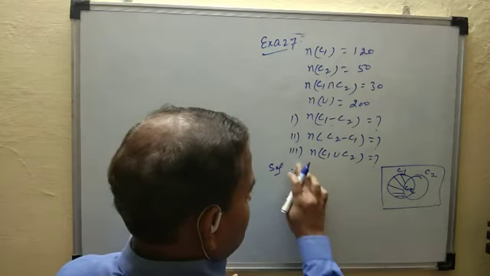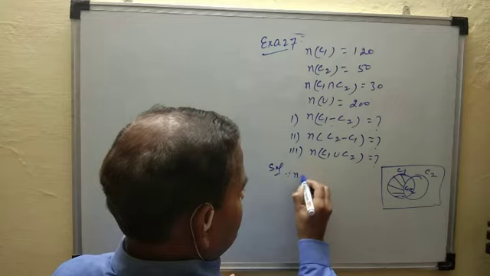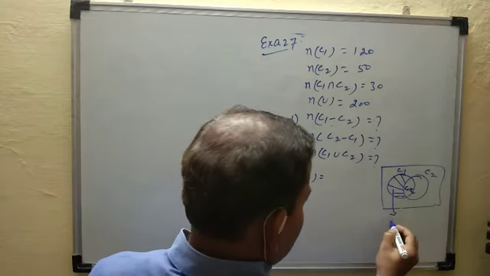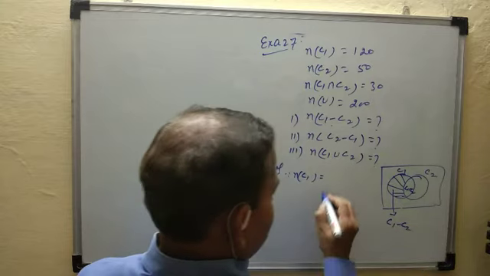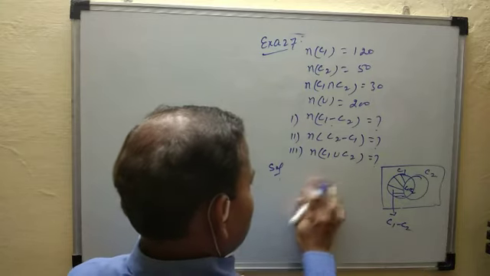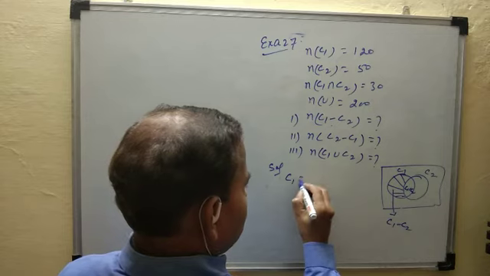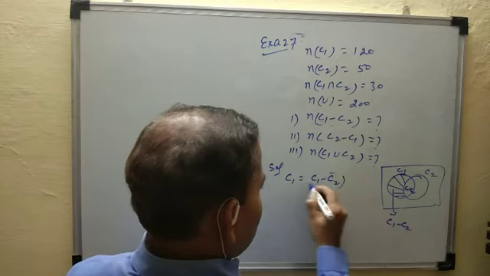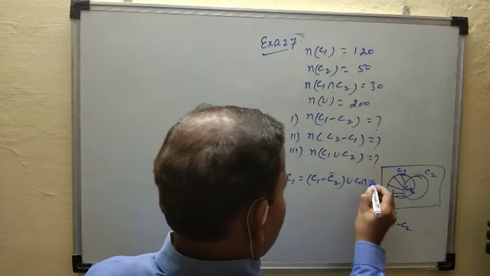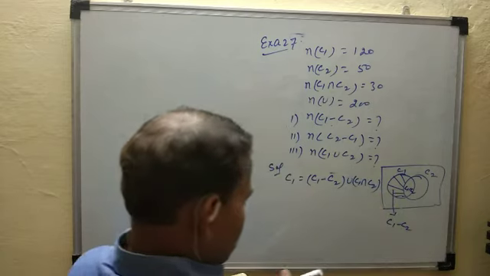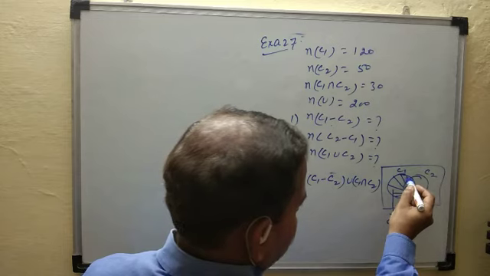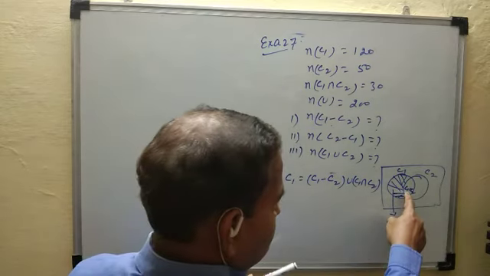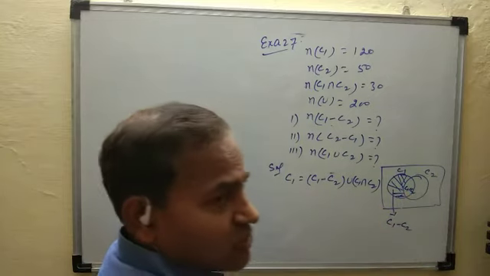So since the set C1 can be written as C1 minus C2 union C1 intersection C2, because this part is the C1 minus C2 and this part is the intersection part C1 intersection C2.